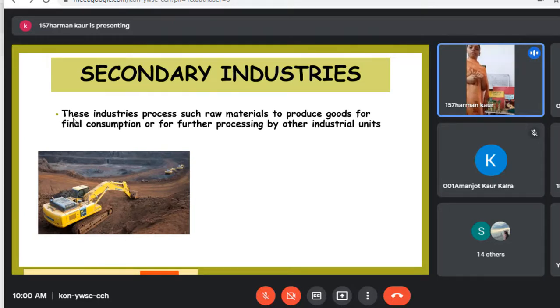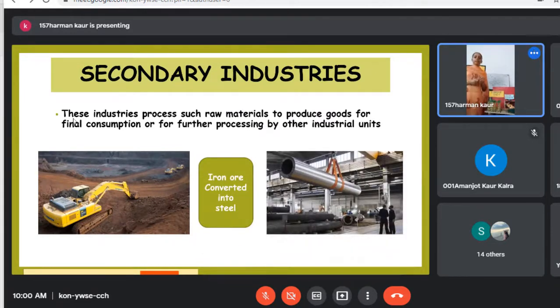Yes, extraction of iron ore is an example of which industry? Primary. Very good, primary industry. And iron ore is converted into steel in factories, and steel is the raw material for other industrial units who produce new goods or new products with the help of steel.